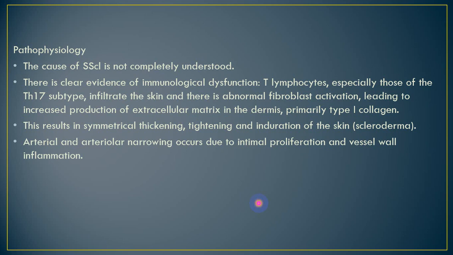Arteries and arterioles will be narrowed due to intimal proliferation in the vessel wall, and inflammation with endothelial injury causes the release of vasoconstrictors, further aggravating ischemia and further activation of fibroblast cells. So the disease will continue to progress.